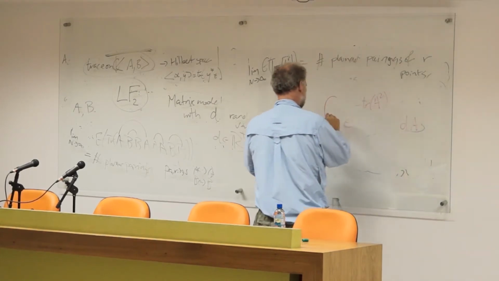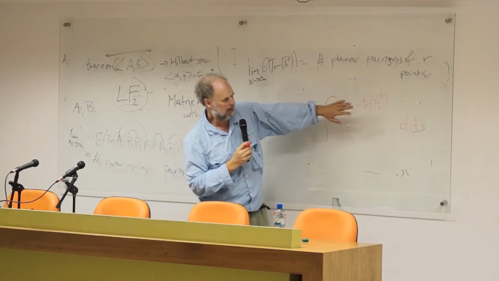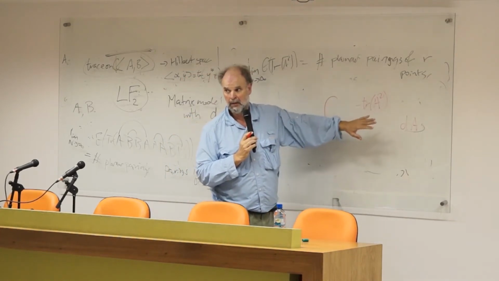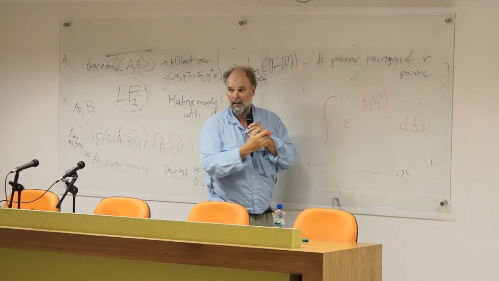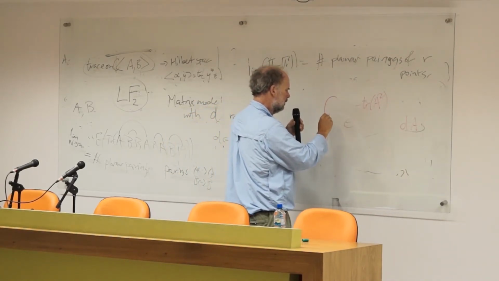Basically the probability density is e to the minus trace of A squared dA. So these things are jointly Gaussian.